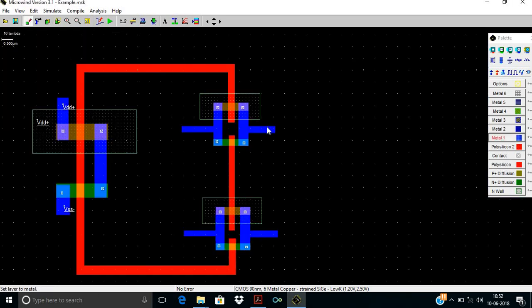Insert this output. Now provide the supply here, VDD, again VDD. Now input 1, input 2.